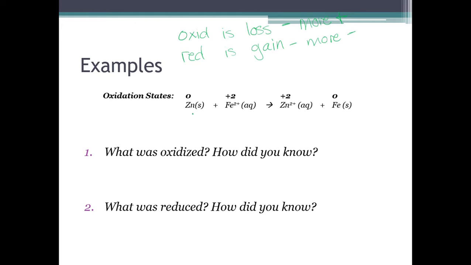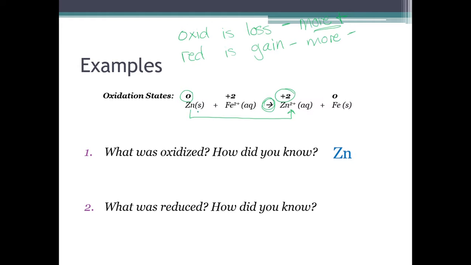Zinc, as we go from the left-hand side, and we're always going to be comparing across our yield arrow. So as we go from zinc to the zinc ion, that oxidation state increased from 0 to +2. It became more positive. So we can say that zinc was oxidized.